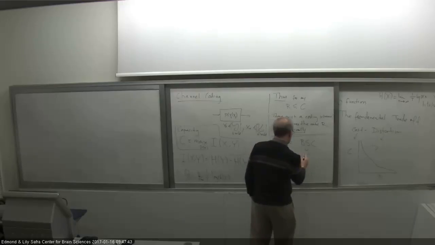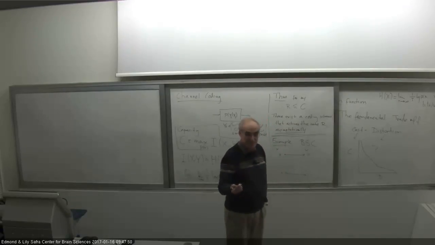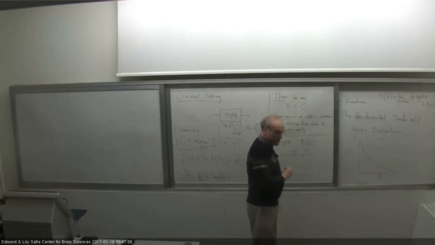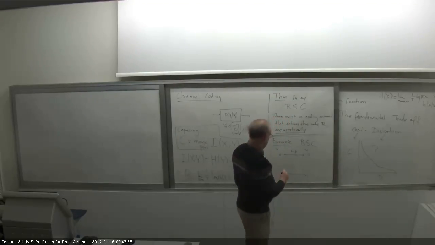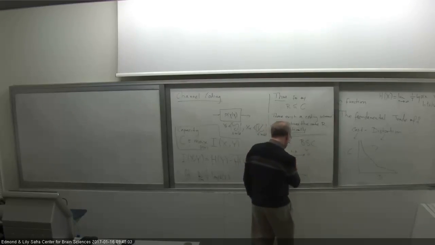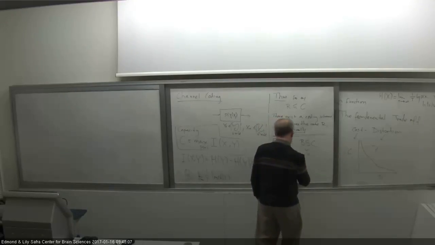I communicate 0 goes to 0, and 1 goes to 1, and if this was always true, then it's a noiseless channel. But let's say that there is noise, so 0 goes to 0 only with probability 1 minus p, and so does 1 to 1, which is why it's symmetric. And with probability p, 0 is actually transferred to 1, and 1 is actually transferred to 0.